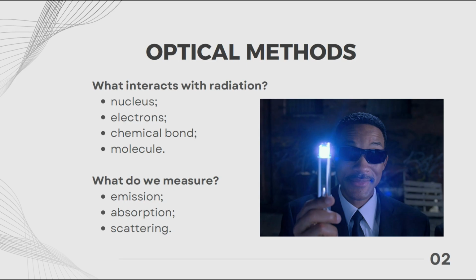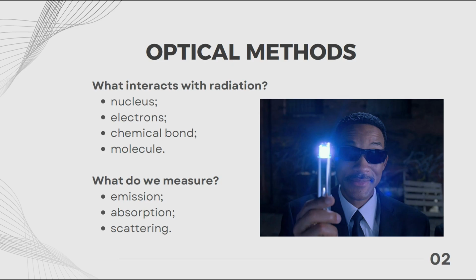It may be either the nucleus, or electrons, or chemical bonds, or the whole molecule. This will include some vibrational conditions, angles, bonds. So it's extremely complex, because your analyte may take energy from the radiation with its different parts, and different energy levels can be reached, and it means that you may follow almost everything.